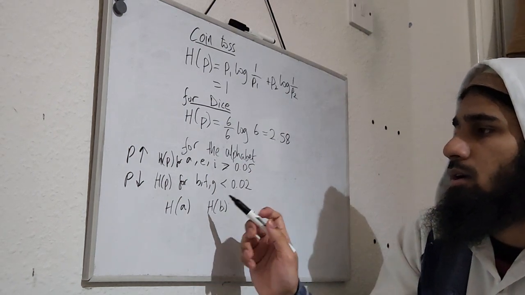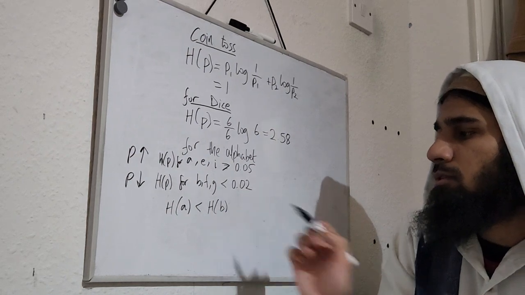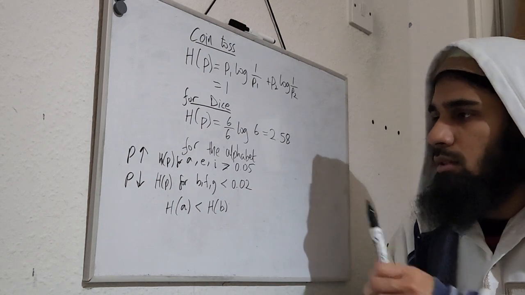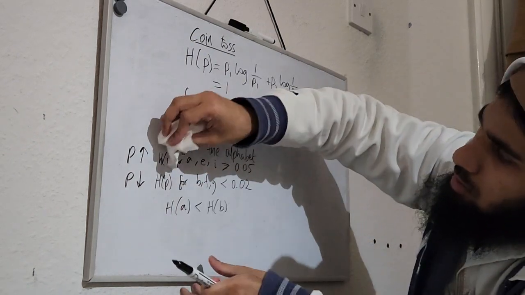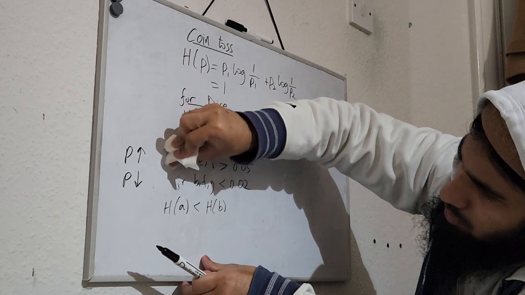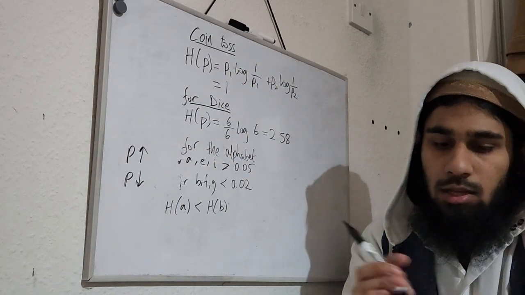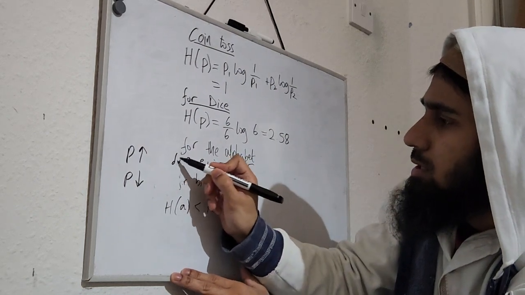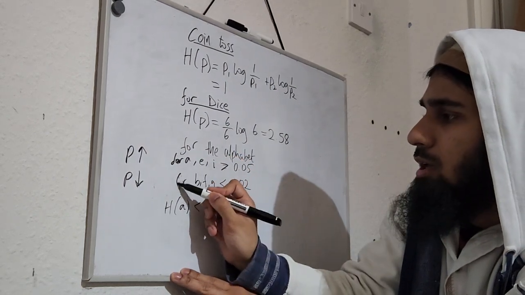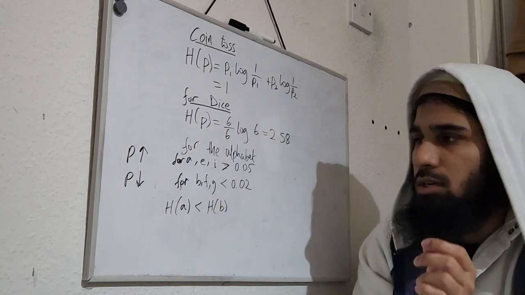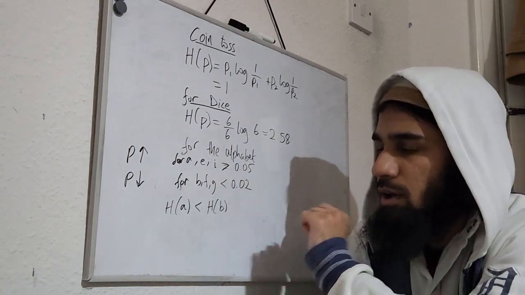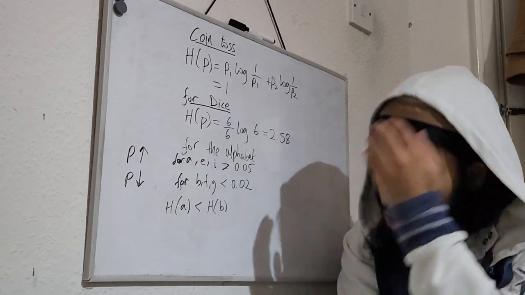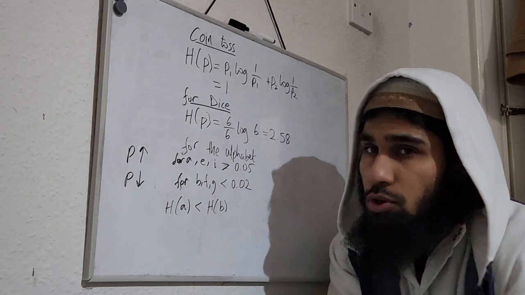Oh, sorry, my bad. This is not entropy actually, this is the probability. The probability of AEI is higher than 0.5, and the probability of BFG is lower, 0.02.